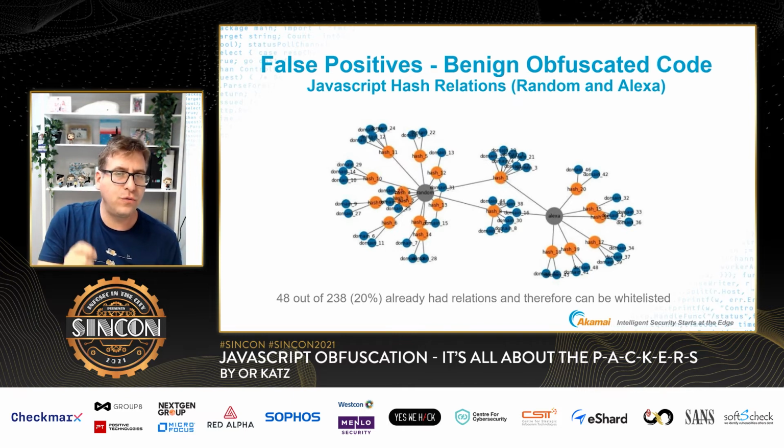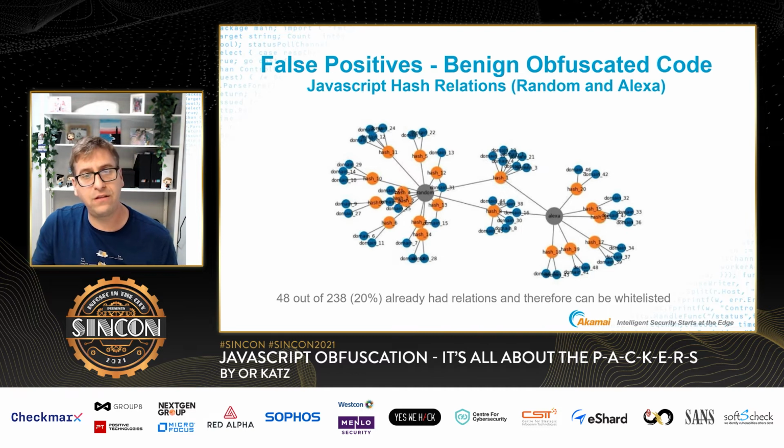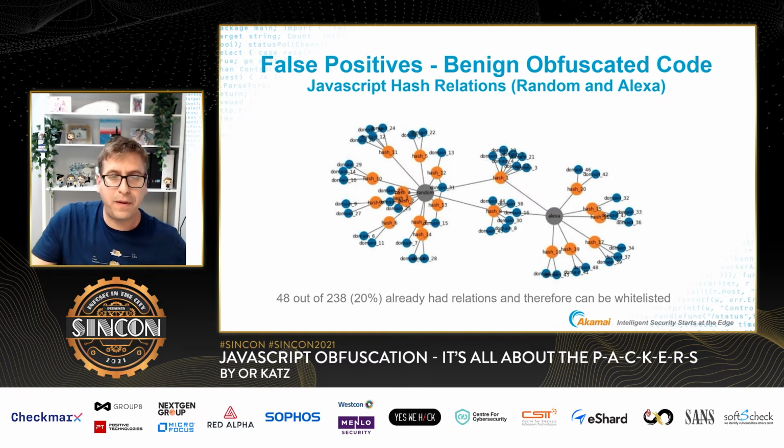If we have the same hash for those files, we can flag them as not being malicious, as being benign, because we see them consumed by many other websites. By doing that, we can reduce the problem of detecting something that might be considered malicious.